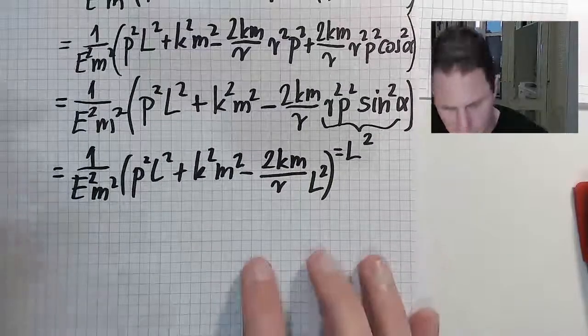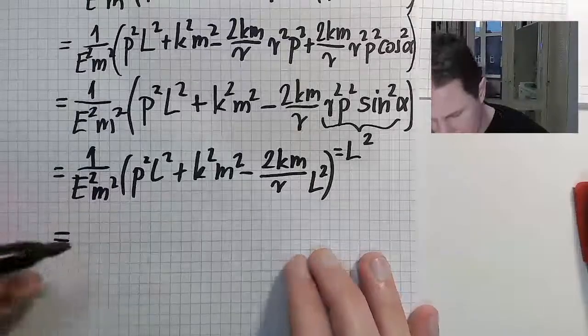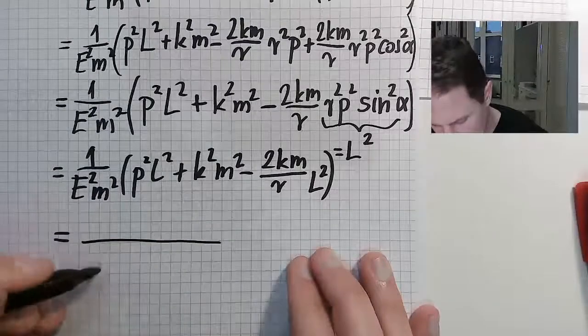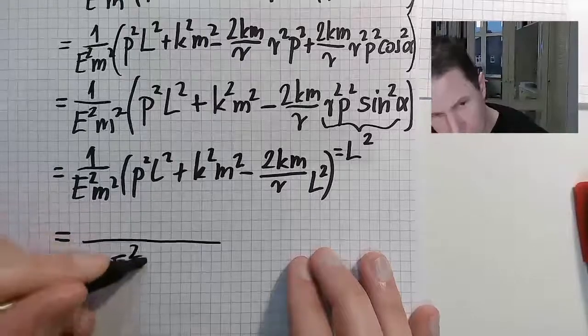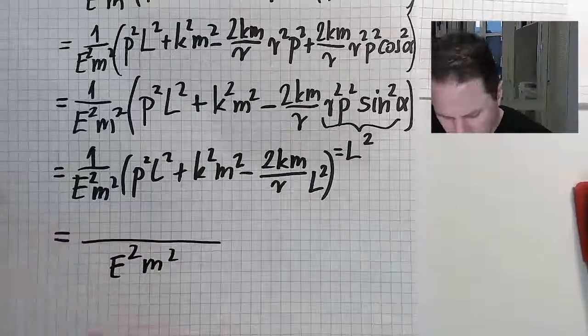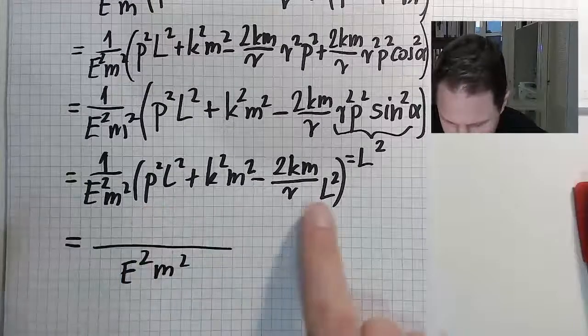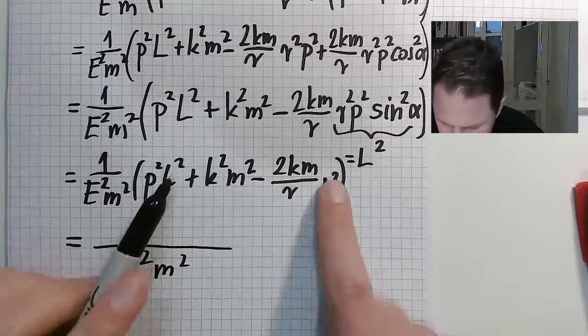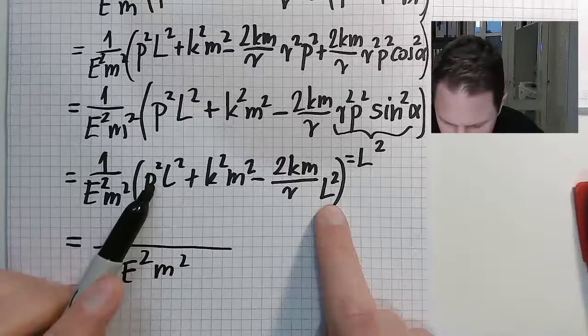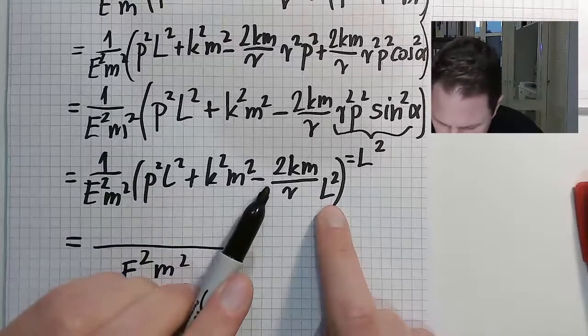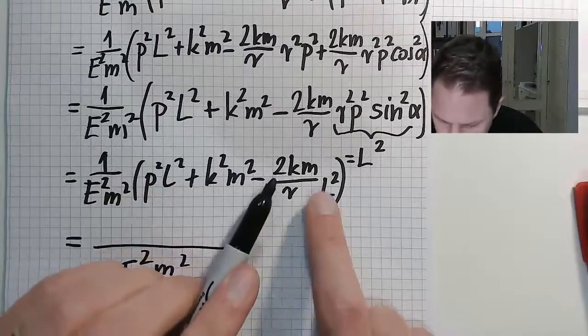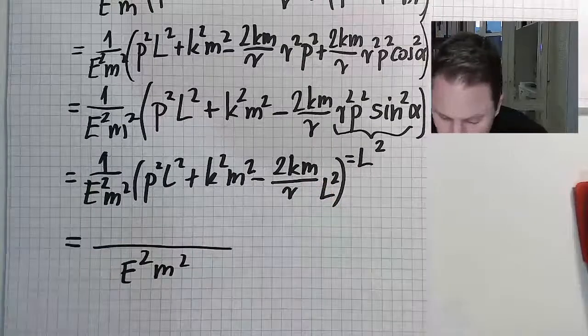Let's see if we can pull these things together. So here we have a fraction with, of course, e squared m squared in the denominator, and upstairs, notice that we have L squared multiplied by p squared and multiplied by minus k over r times 2m.